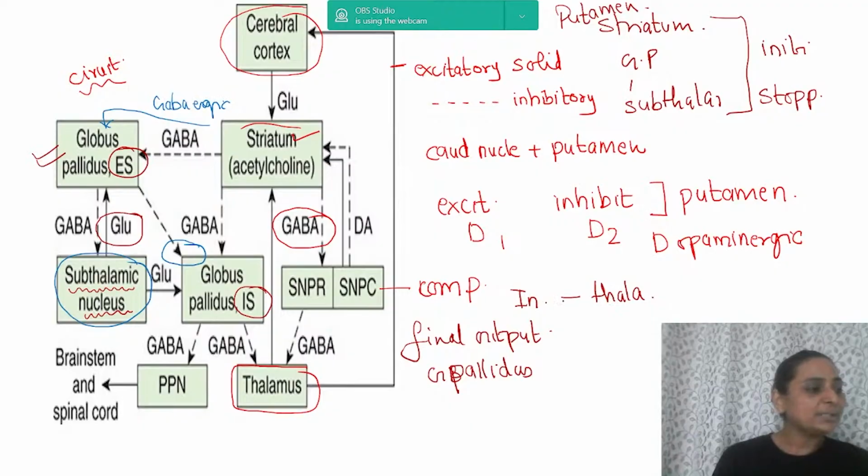That means though the inputs coming to the basal ganglia are excitatory, the outputs going from the basal ganglia are inhibitory. They are inhibitory to the thalamus as well as to the pedunculopontine nuclei. This PPN is the pedunculopontine nucleus, right?